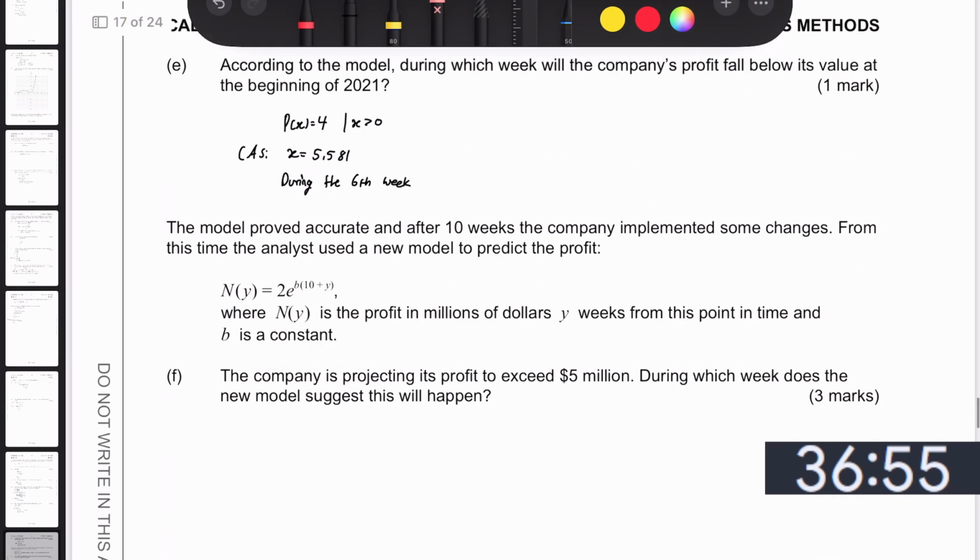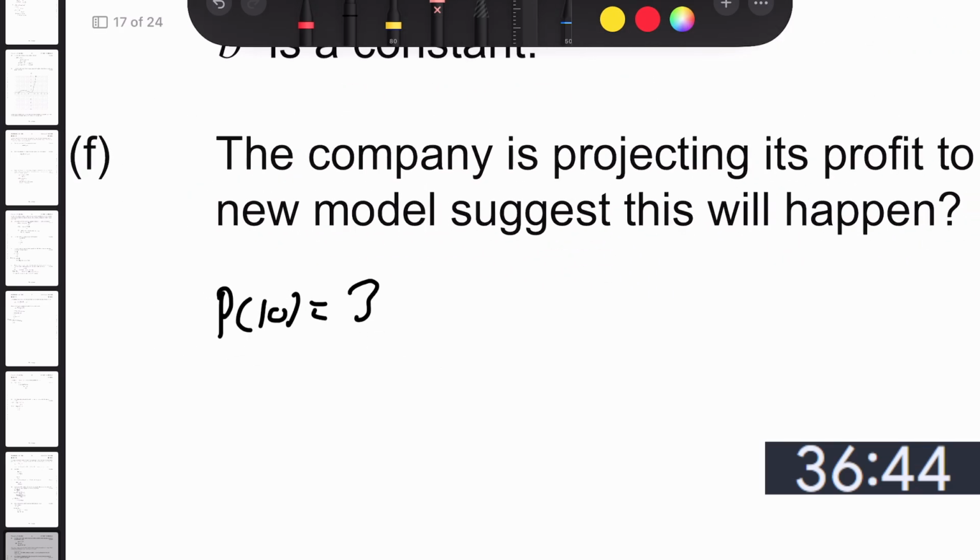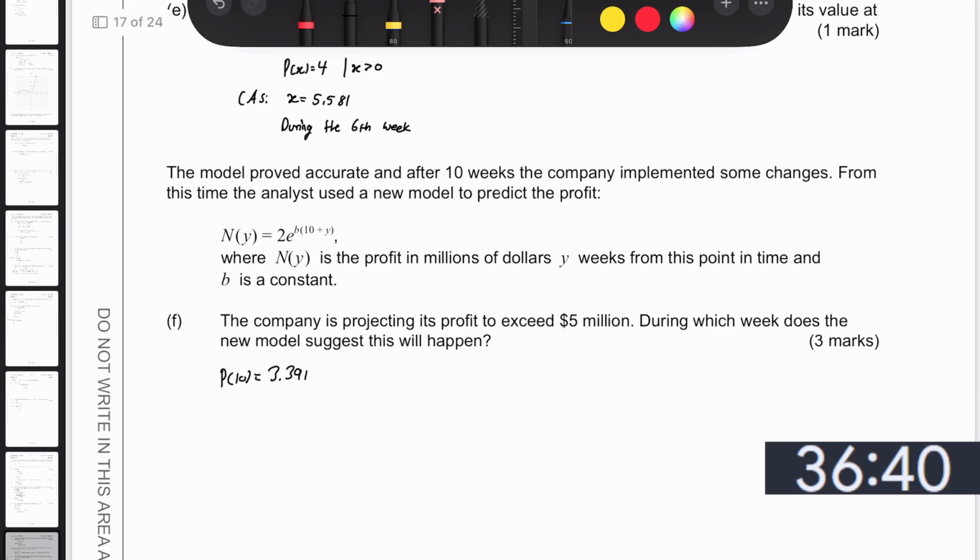Constant. Okay, so then let's do p of x, or p of 10 is equal to 3.391. Remember, after 10 weeks, implementing changes from this time, use a new model to predict the profit. b.